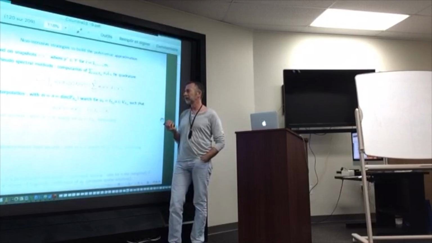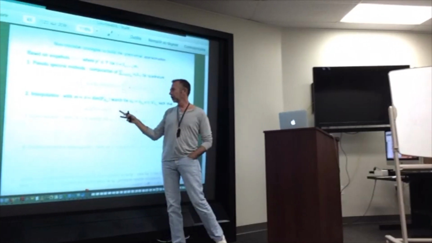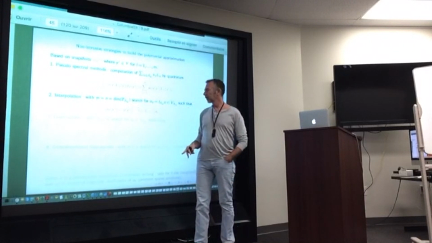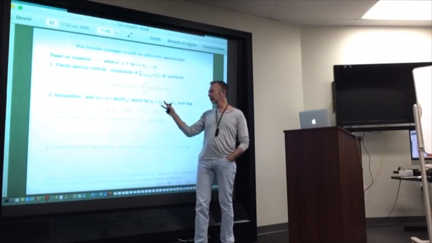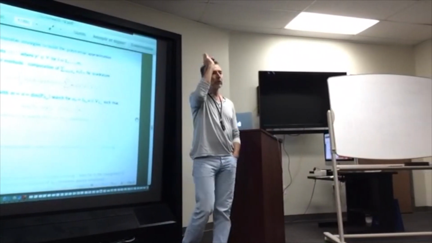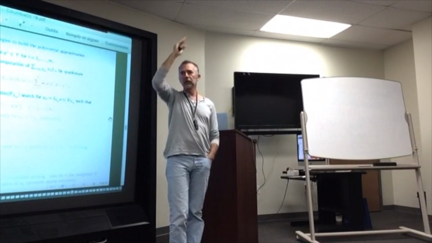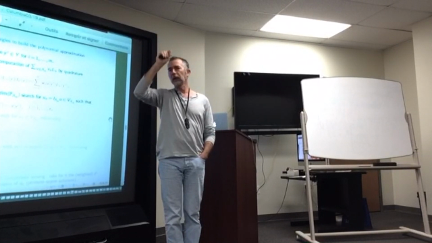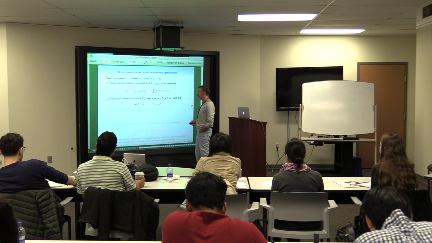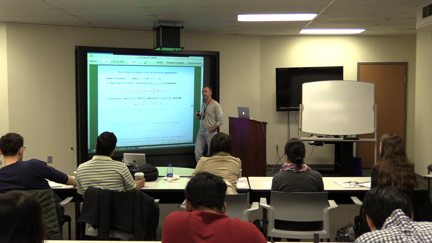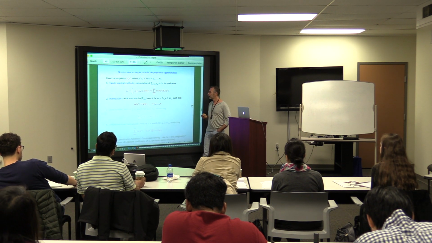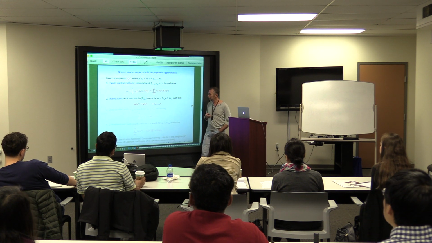So interpolation means that we're going to use a number of snapshots which is exactly the same as the dimension of this space n, right? In 1D, if we want to reconstruct a polynomial of degree n, we need n plus 1 distinct points, okay? That would be the simplest idea. Maybe I will say a few words about it and say why this is not such a simple thing to do.